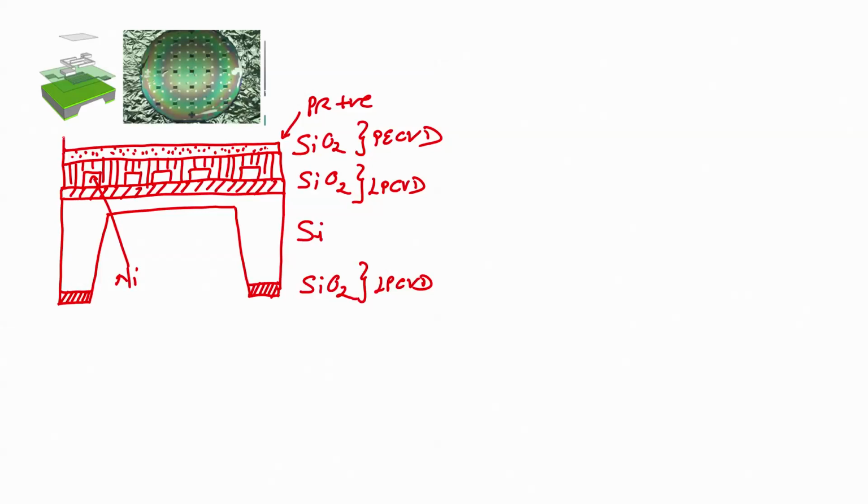So, we will have a mask which is a dark field mask. In this case we are using a dark field mask, earlier in all the cases we were using a bright field mask, right. Why? Because we want to protect silicon dioxide in all the areas on the micro heater except contact pads, right.